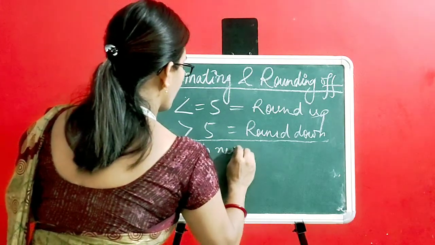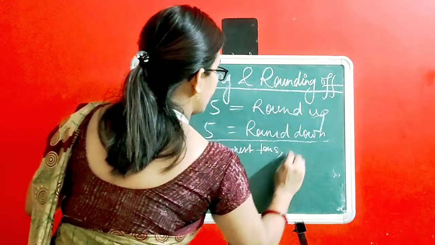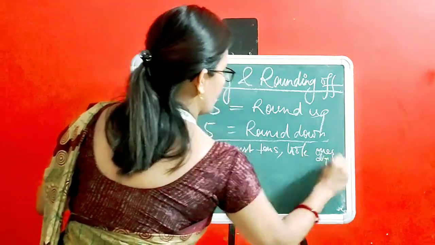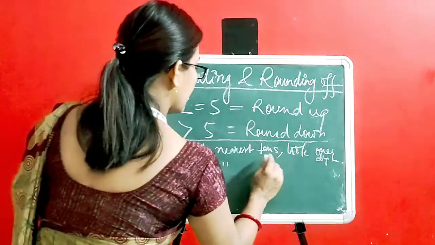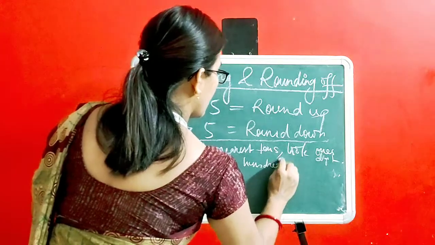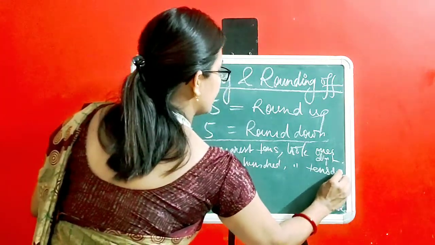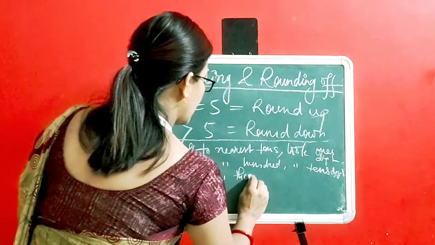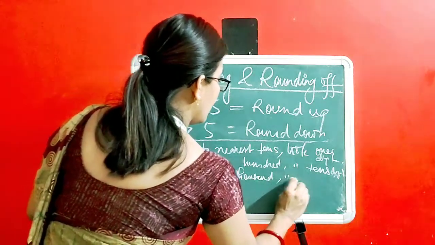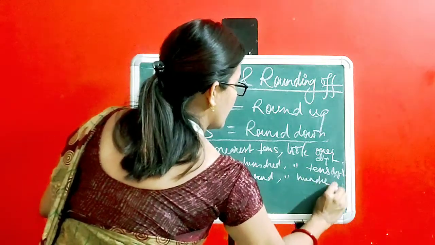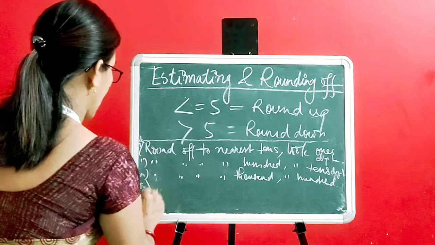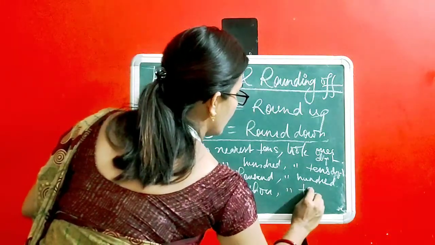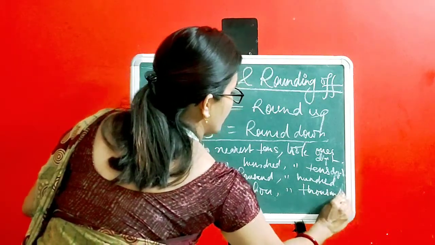So, to round up a number to the nearest tens, look at the ones digit. Then again, to round up to the nearest 100, look at the tens digit. To round up to the nearest 1000, look at the hundreds digit. To round up to the nearest 10,000, look at the thousands place digit.